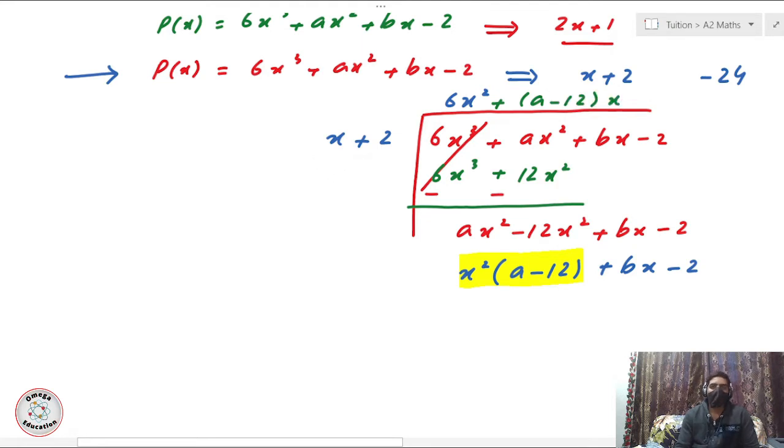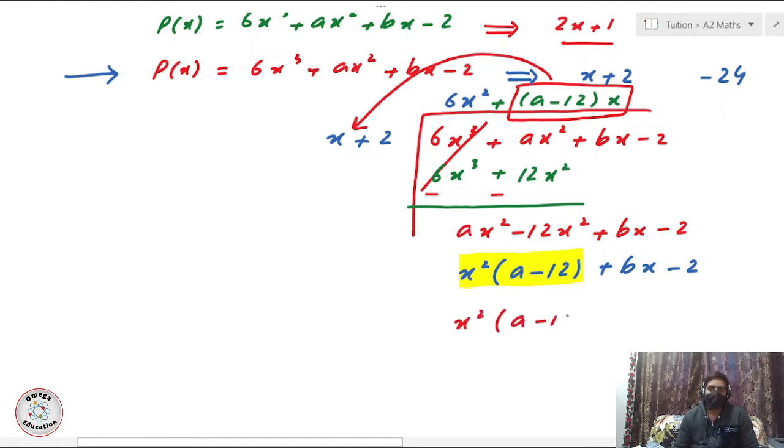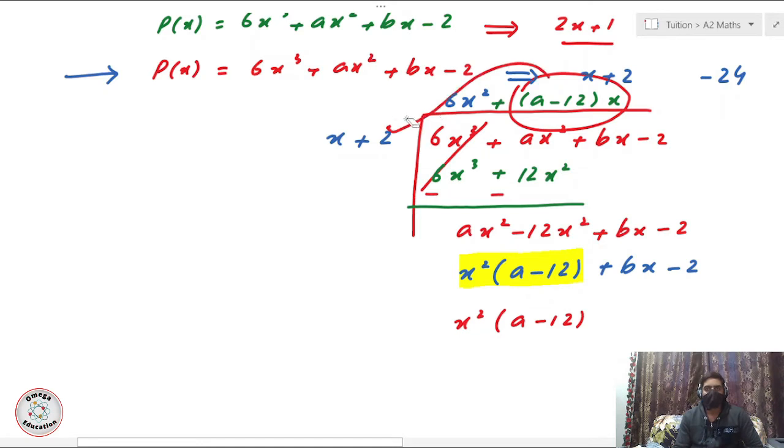Now we multiply this whole thing with everything on the outside step by step. So first this thing would be multiplied by x. What do you get? You get x squared a minus 12. Right? You get the same thing. And then you have to multiply this thing with plus 2.